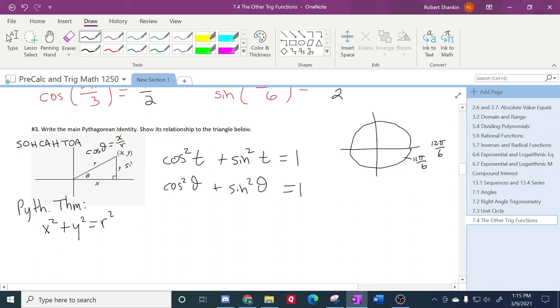And sine theta is opposite over hypotenuse, y over r. So this is telling me cosine squared theta is x over r squared. Sine theta is y over r.